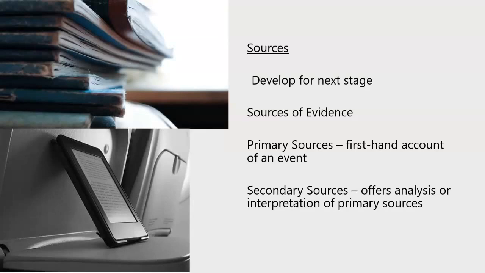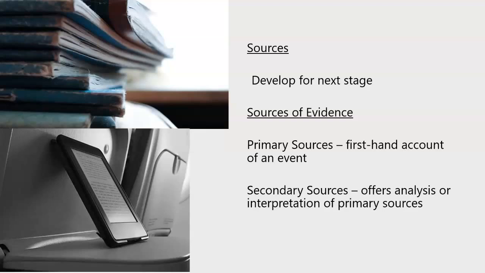So looking at sources, understanding of sources and analysis of sources needs to be developed from one stage to the next. Similar to what I just showed you in that chart, you can have a look there to see how that's developed. So the skill of identifying the differences between primary and secondary sources is definitely there.